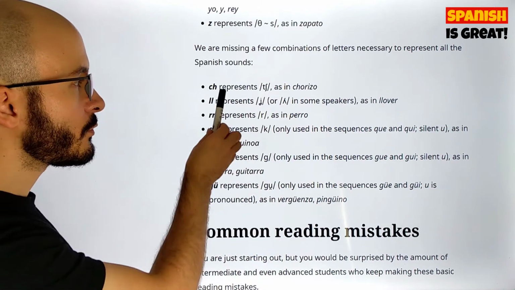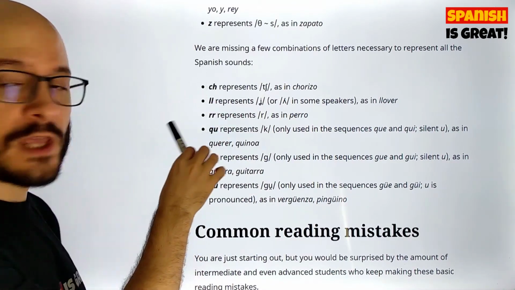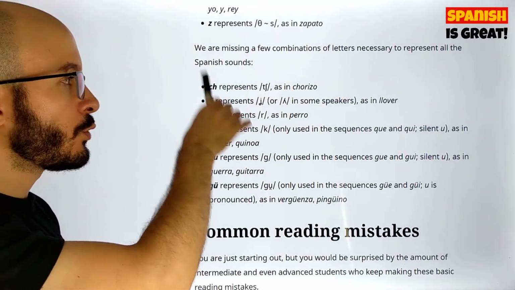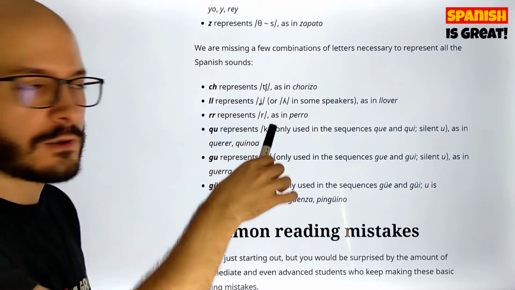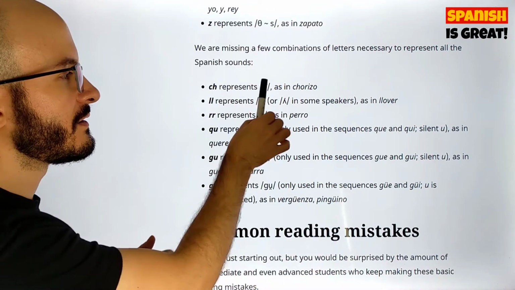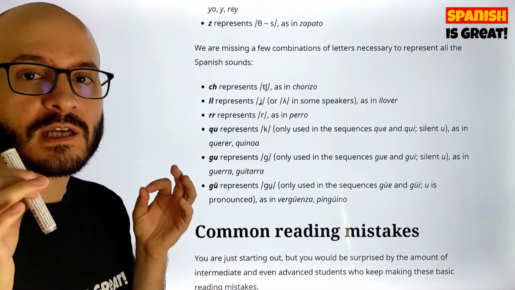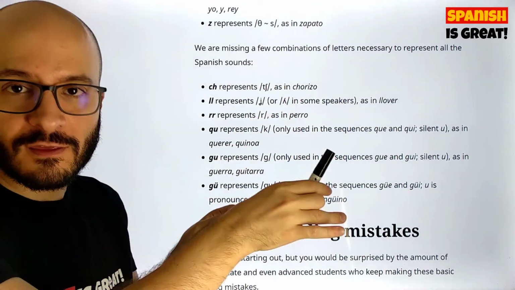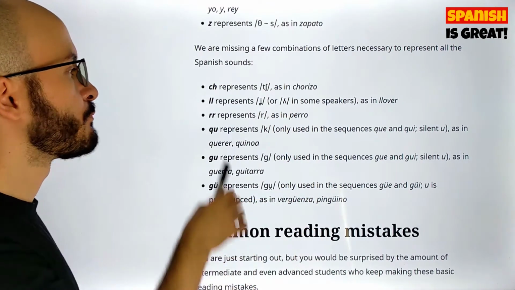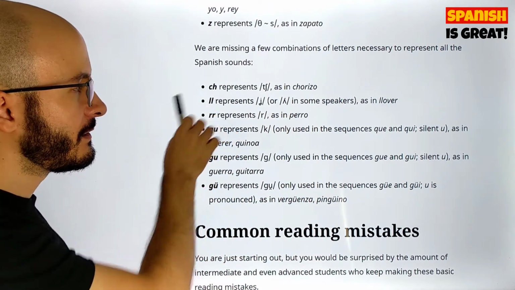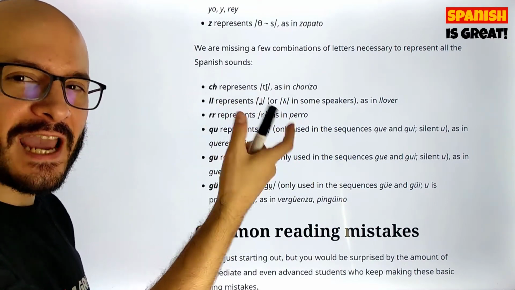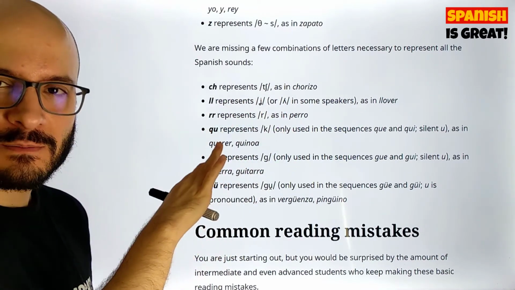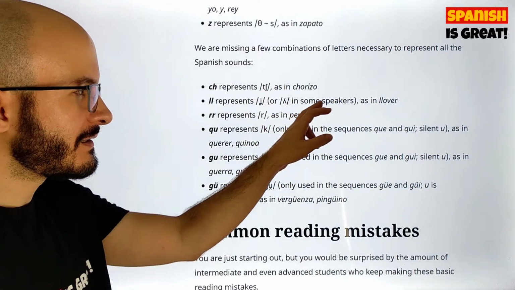Okay, so here we see that we have the same combination we have in English. So it represents this sound. Okay, so we also try to learn that this represents the sound ch, as in chorizo. Okay, then double L represents y or j in some speakers, but this is rare.